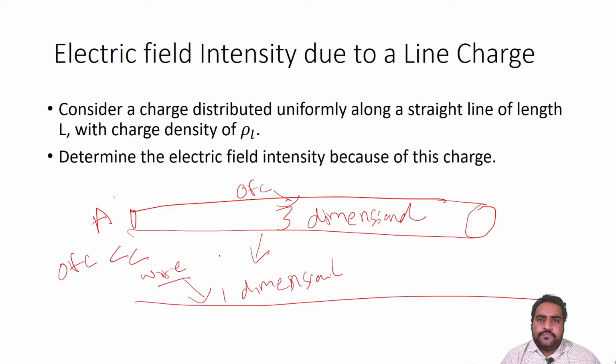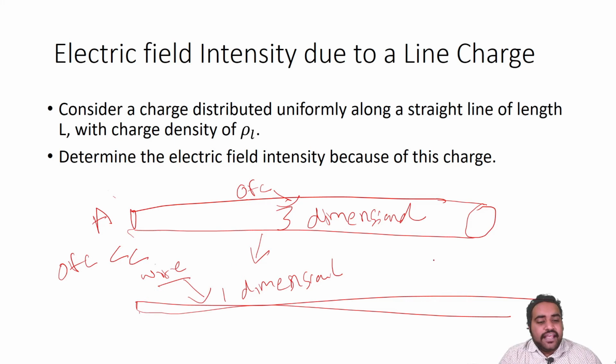Why so? The reason being, for a wire, the cross-sectional area would not be comparable to the other physical dimensions or other physical measures we may have in the problem.